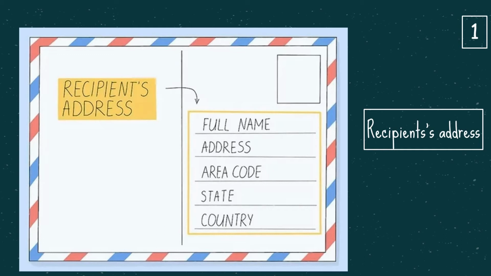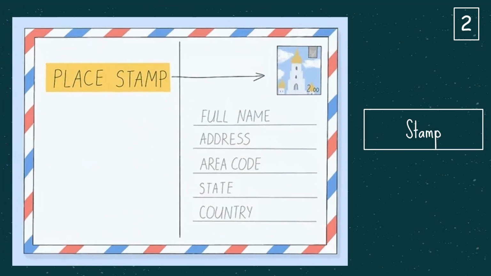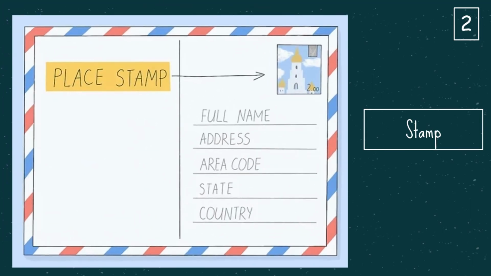After writing down their name and address, we need to put a stamp on our postcard. Where do we put the stamps? We put our stamp on the top right side of our postcard.